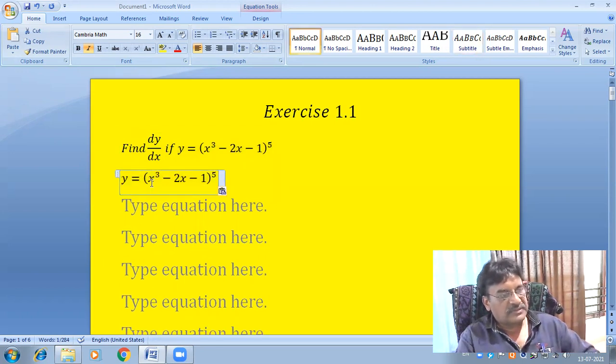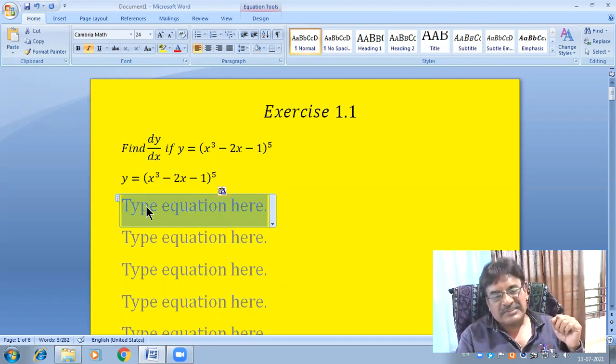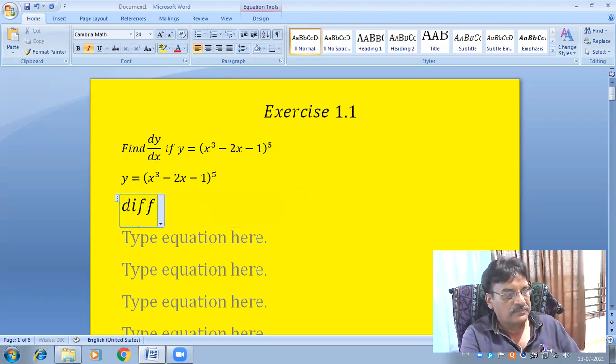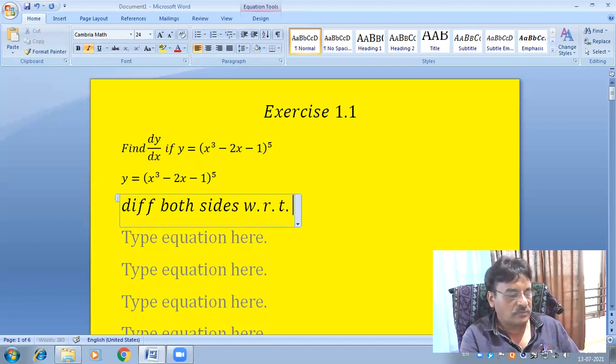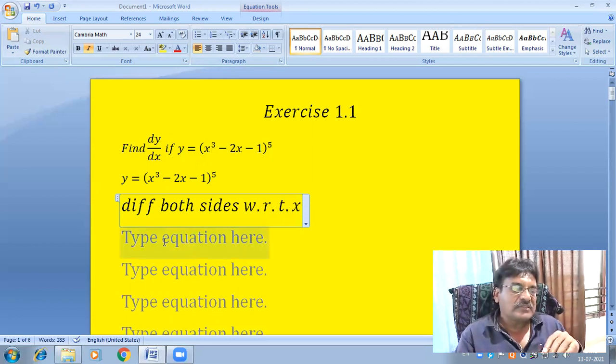Then differentiate both sides with respect to x.